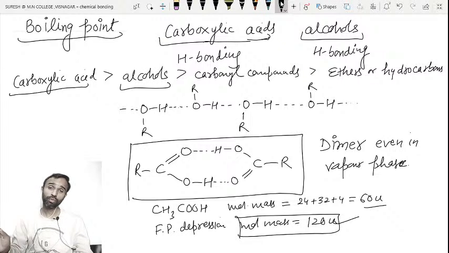And as the number of carbon atoms increases, obviously boiling point goes on increasing, right?